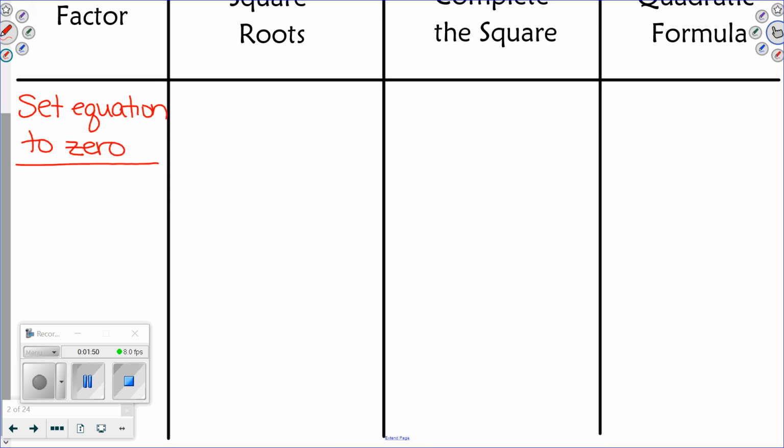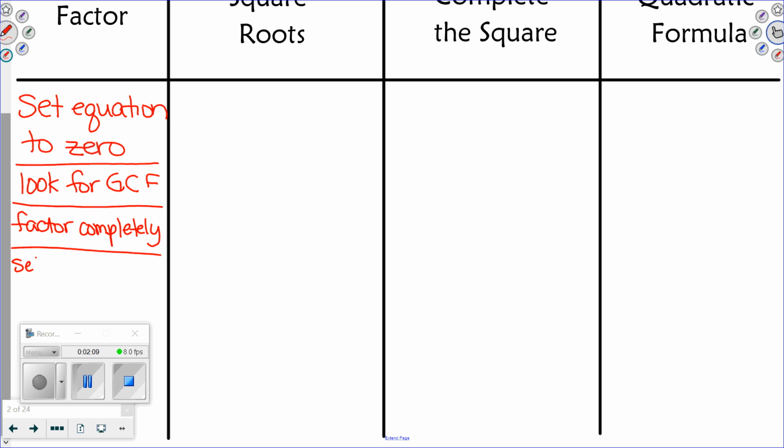Then your first rule of factoring is look for a GCF. Then you would just factor completely, whatever that entails, depending on what kind of problem it is. And then we set each factor equal to 0 and solve.